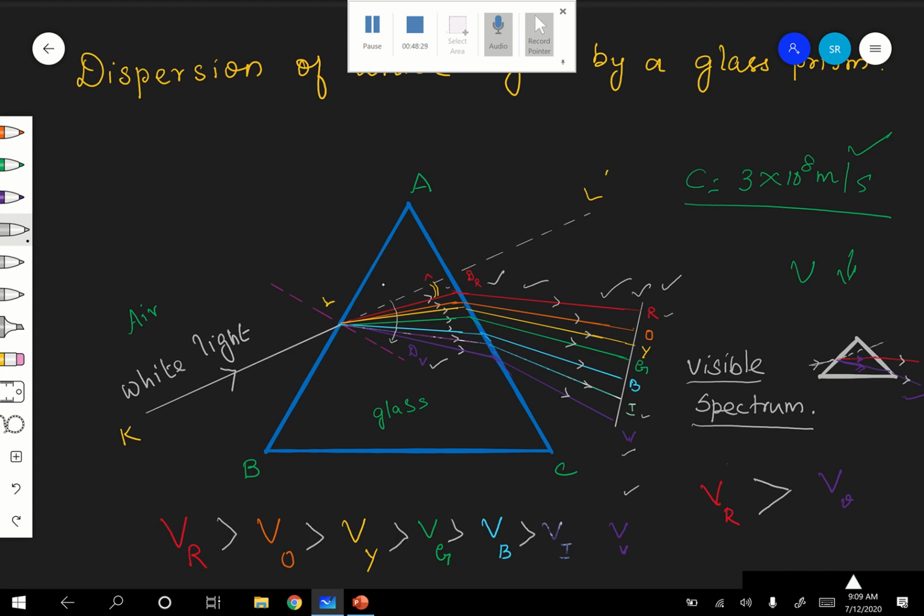Hope now you are able to understand. That is why there is a splitting.